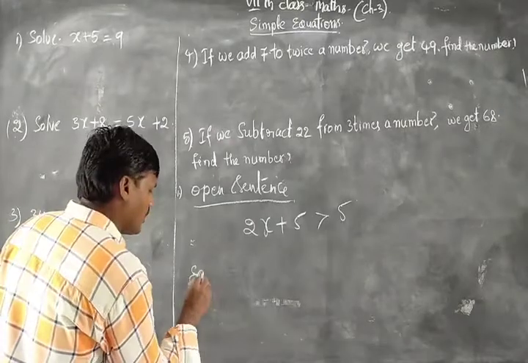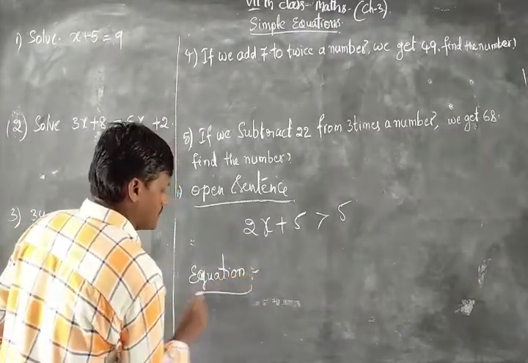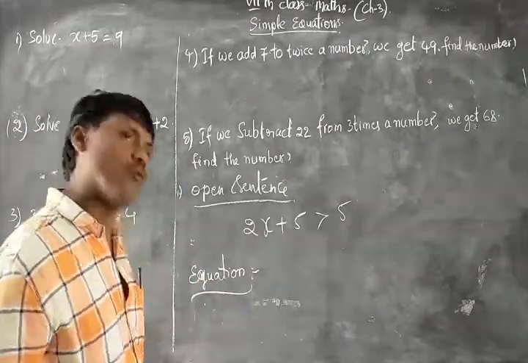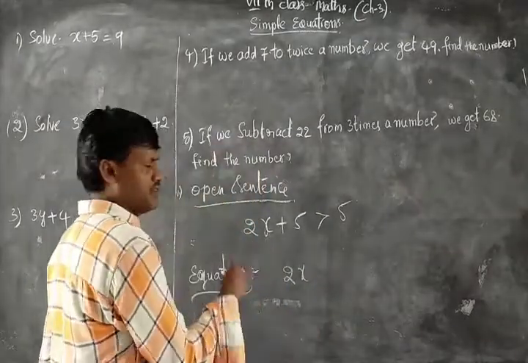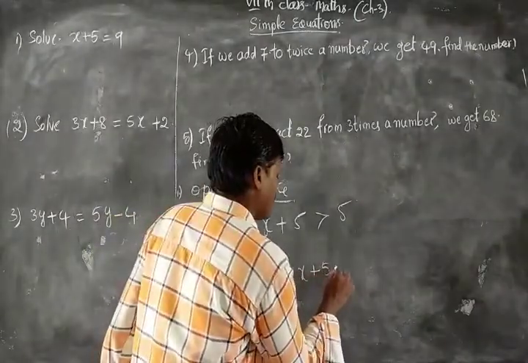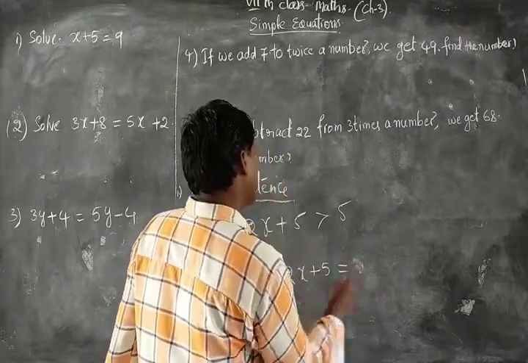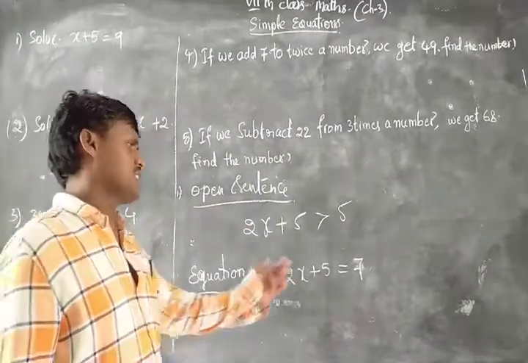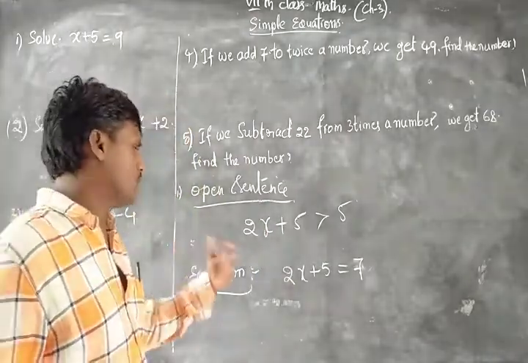Next, equation. What is an equation? An open sentence containing the equal to symbol. For example, the same expression: 2x plus 5 equal to 7. Then we have to prove that.